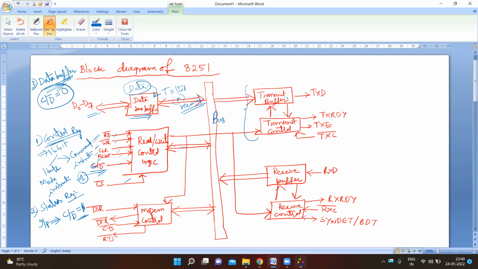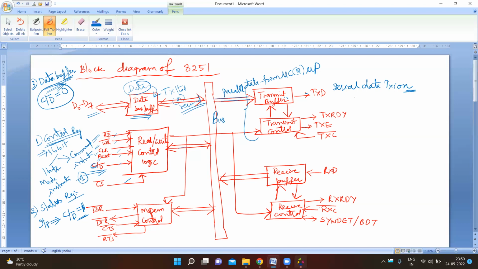It accepts the parallel data only in one direction, from the microcontroller or microprocessor, and converts it into serial data. This is the serial data transmission output.